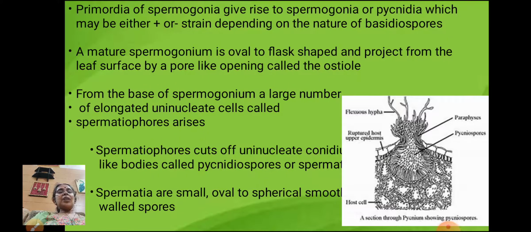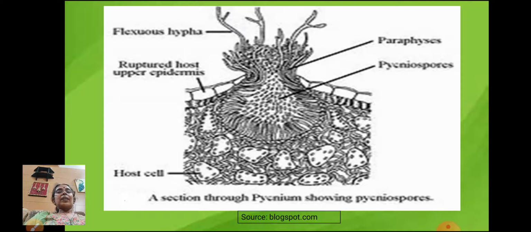These spermatia are small oval to spherical smooth walled spores. You can see in the diagram the flask shaped fruiting body, and the pycniospores or spermatia inside it, in addition to the paraphyses, that is sterile hyphae. The flexuous hyphae or receptive hyphae are seen near the ostiole, which act as the female sex organ.